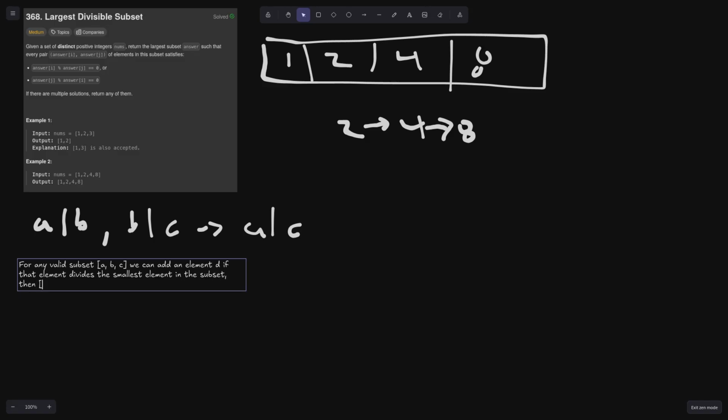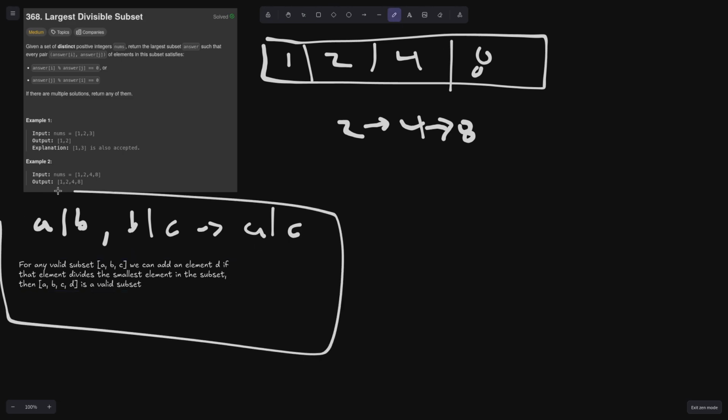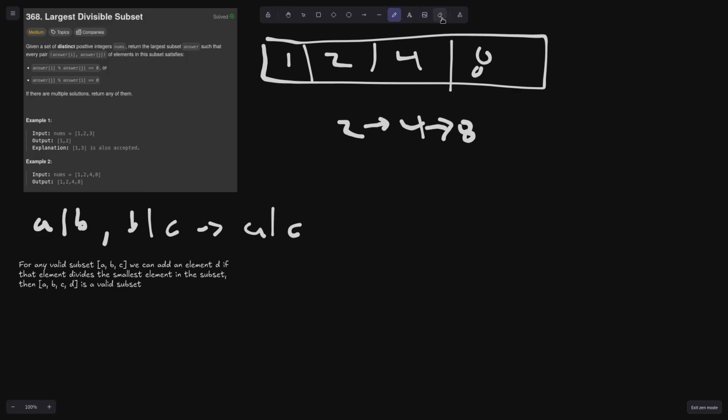Then A, B, C, D is a valid subset. All right, cool. So these two pieces are going to help us solve this problem incredibly quickly.